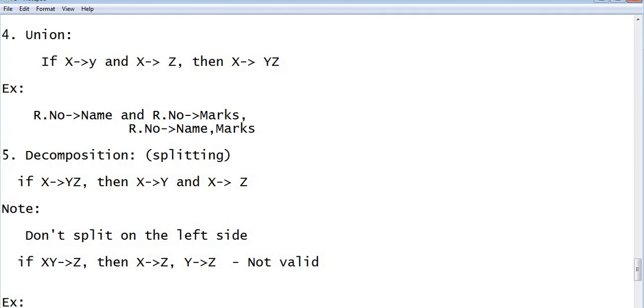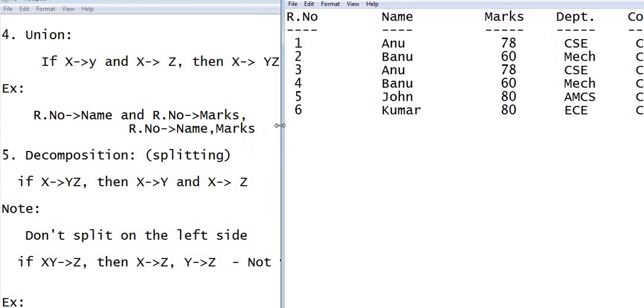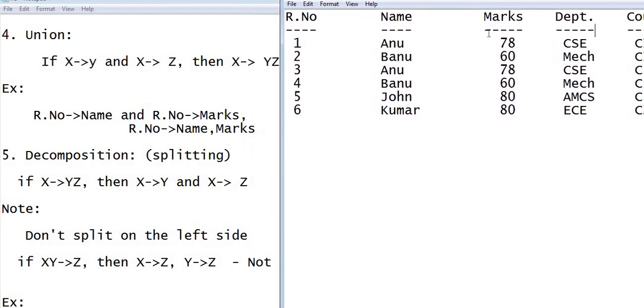For example, we can take the same table example: roll number, name, marks, department and course. Here roll number determines name, and roll number determines marks. If both functional dependencies are given, then we can easily say that roll number determines name comma marks.